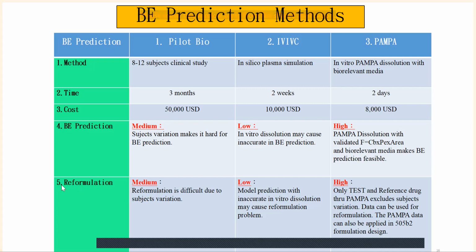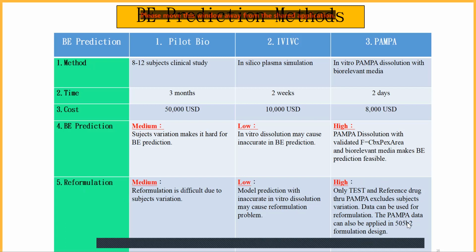If there's a difference exceeding your expectation, then you can do reformulation easily. Not only that, the PAMPA data can also be applied in 505(b)(2) formulation design. Okay, there are so many interesting things that can be found by using this special so-called PAMPA dissolution instrumentation. Okay, all right.